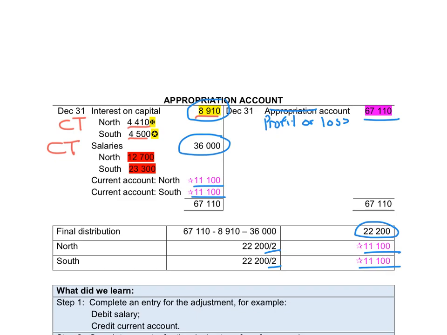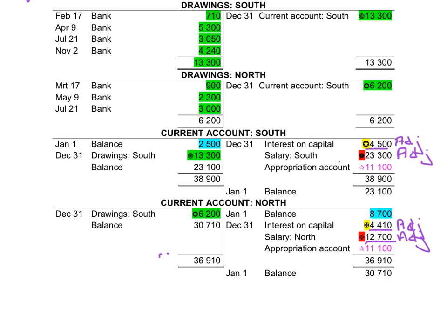The appropriation account is debited to calculate what is the profit, and then we will transfer it to the current account to indicate that this money is still owed to the partners. So the current account will be credited with 11,100, and that is for the division of the profit that we transfer from the appropriation account to the current accounts.